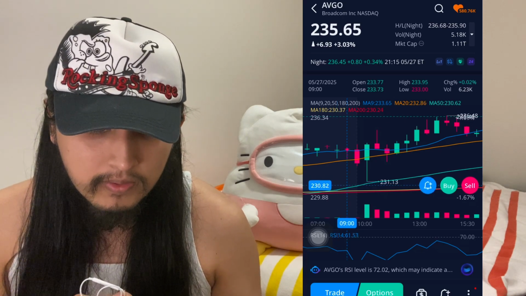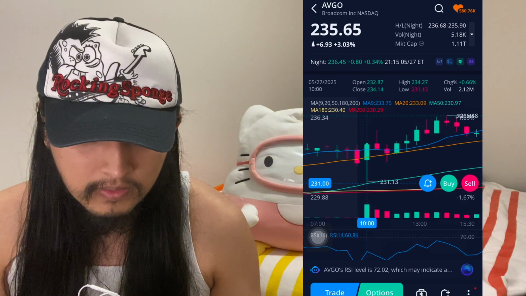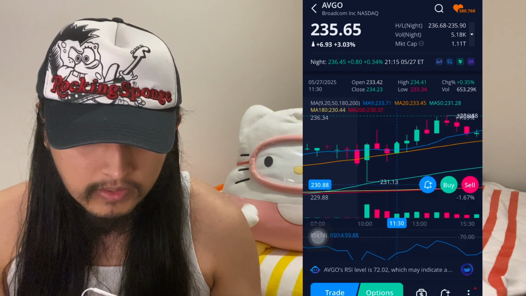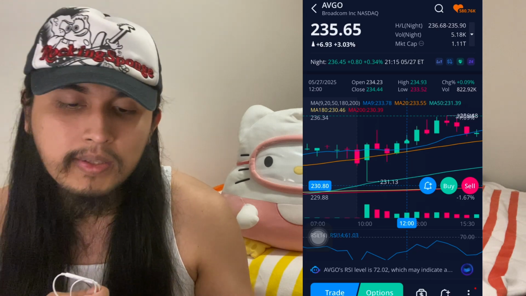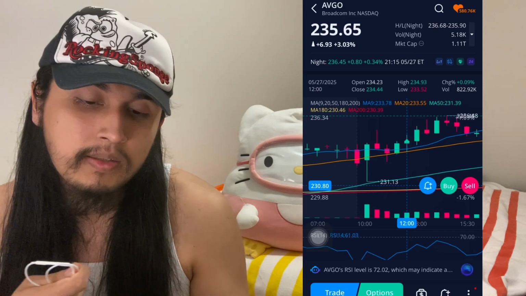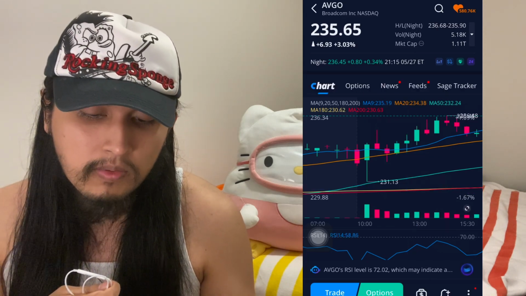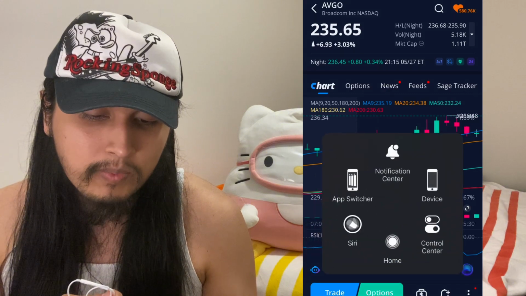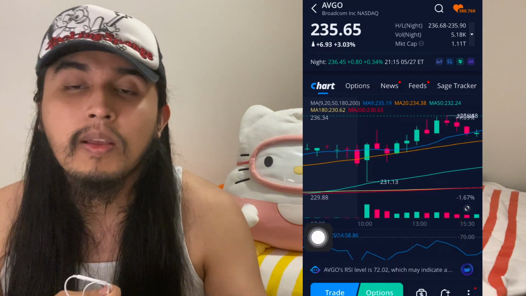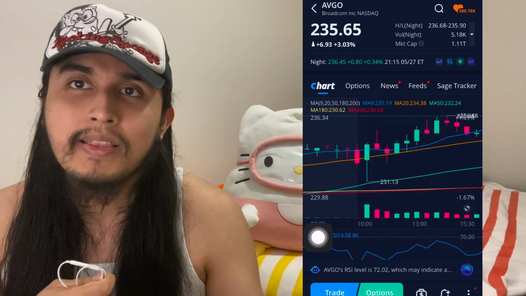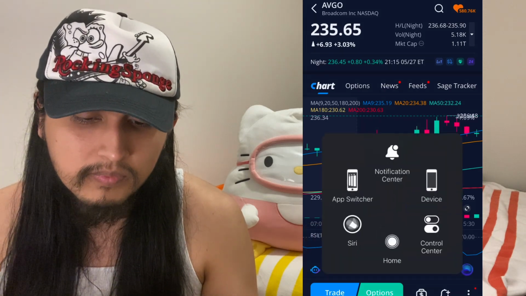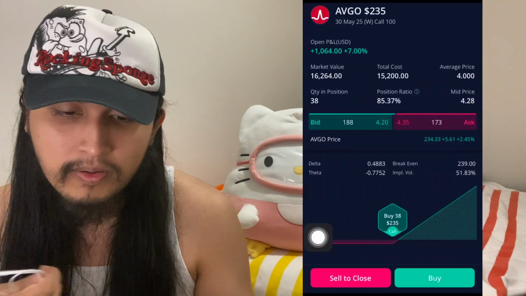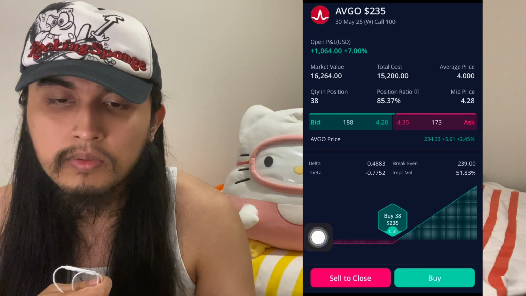I used it here, then here, and then the candle I got in, the 12 candle, I expected a bounce from AVGO, and that happened within 7 minutes. So within 7 minutes I made that gain of $1,064 trading AVGO call options.